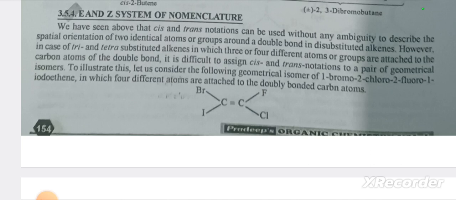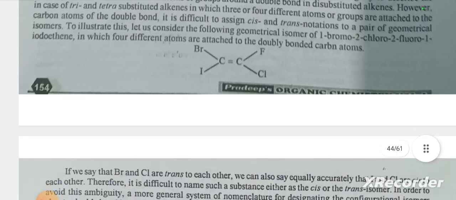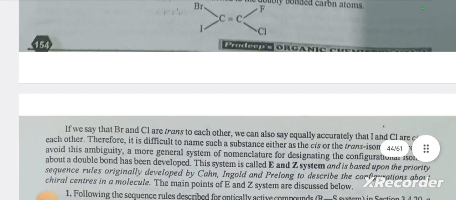However, in case of tri or tetra substituted alkene in which 3 or 4 atoms or groups are attached to carbon atoms of double bond, it is difficult to assign cis or trans notations to a pair of geometrical isomers. To illustrate this, let us consider the following geometrical isomer of 1-bromo, 2-chloro, 2-fluoro, 1-iodoethene, in which 4 different atoms are attached to the double bonded carbon atoms.